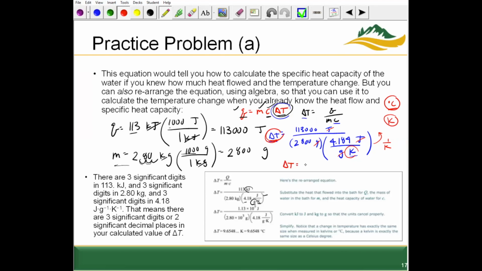That calculates to a delta T of 9.6548 with some other numbers. First in Kelvin, that is the same because it's a delta T. That's the same as this number, also in degrees Celsius. So that is one benefit of the delta T term. It's the same for Kelvin and for Celsius.